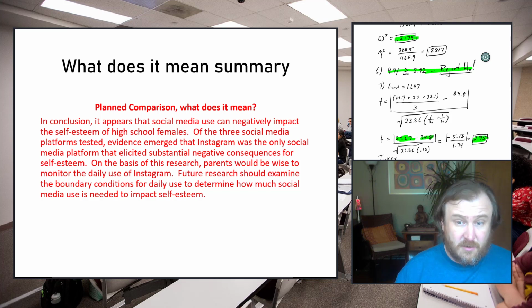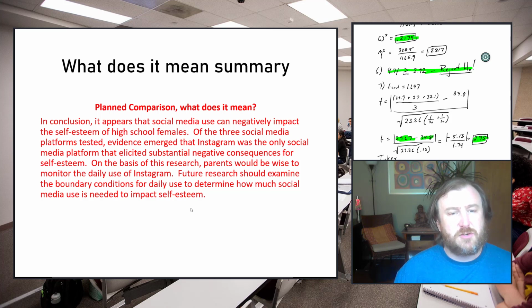Future research should examine the boundary conditions for daily use to determine how much social media use is needed to impact self-esteem. So obviously this could take a variety of forms, but you want to summarize what is the important thing that people should learn from this research and from everything, your planned comparisons and your post-hoc.